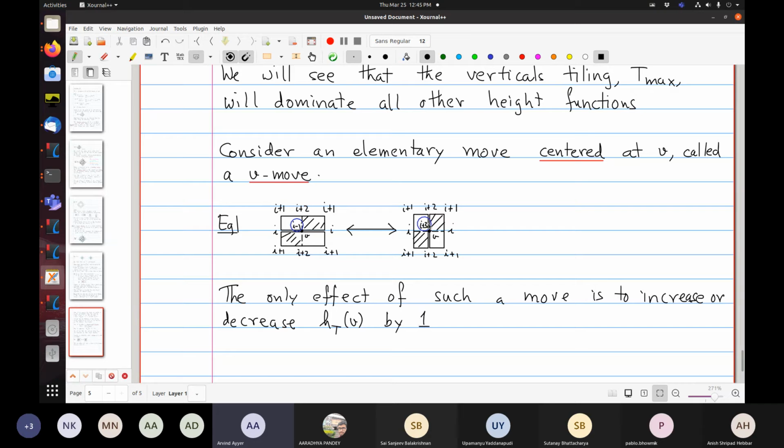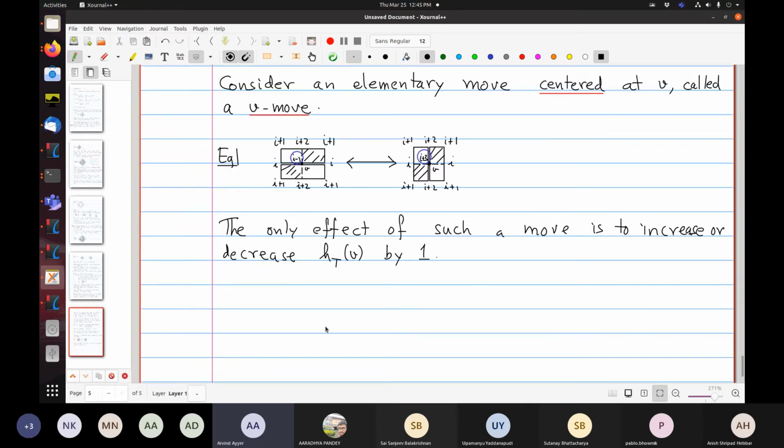So if it were here, you reduced it here, so the reduced height function will go down by 1, and if you were here, you will increase the height function, and therefore the reduced height. Okay, so in this case, going from horizontal to vertical, so I should make that remark.